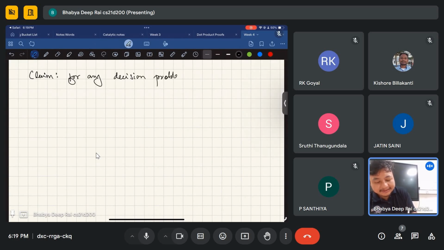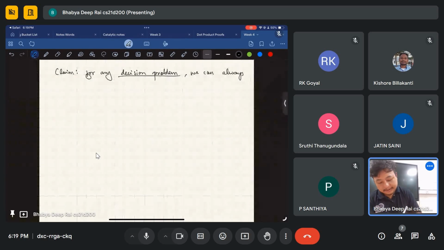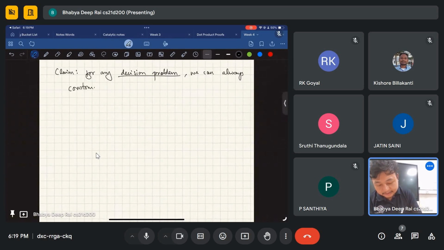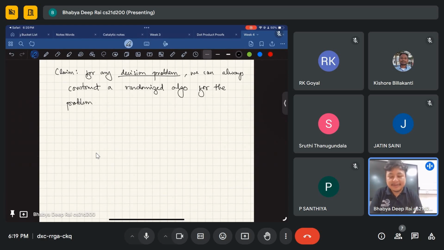It is a problem where the answer is yes or no. Okay, so for any decision problem we can always construct a randomized algorithm with error at most half.